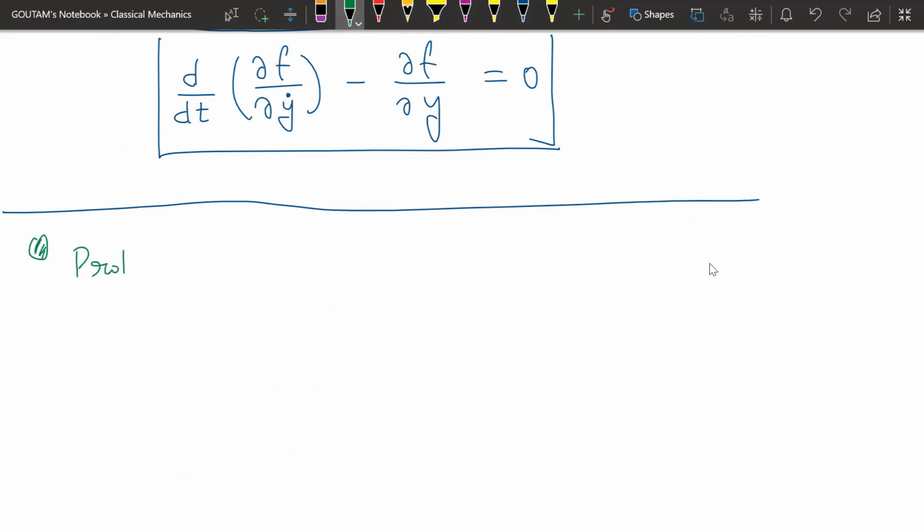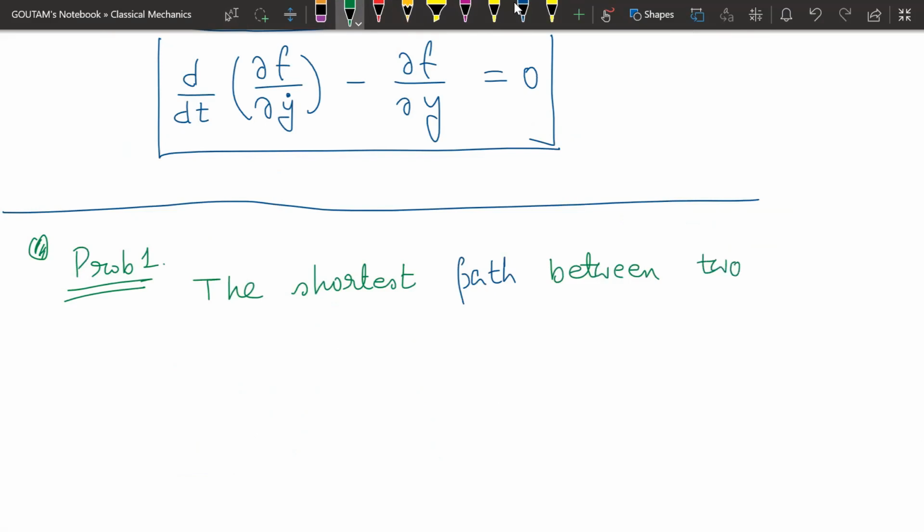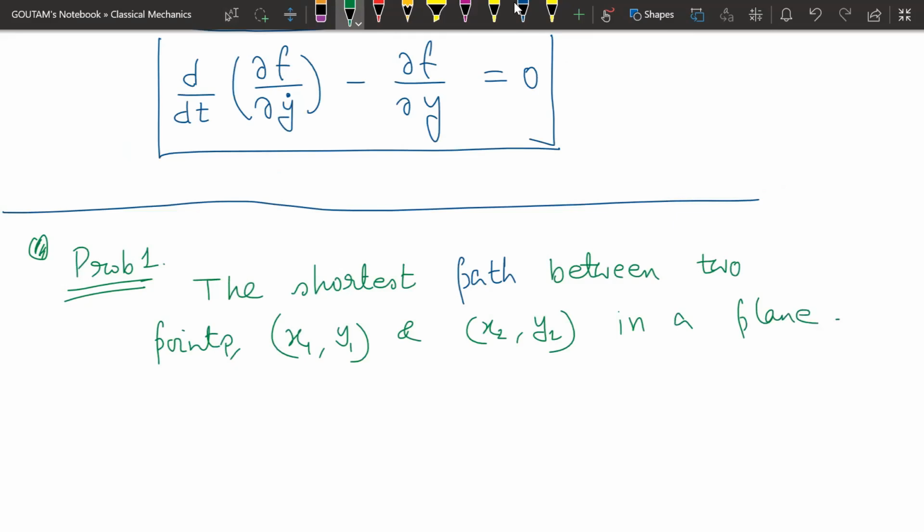Problem 1: the shortest distance, or the shortest path, between two points, let's say (x1, y1) and (x2, y2) in a plane. Obviously we are using Cartesian coordinates here.